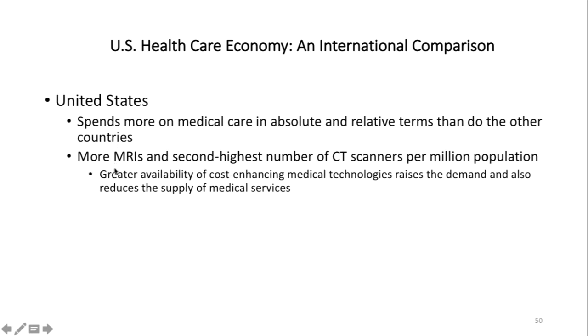We have more MRIs and the second highest number of CT scanners per million population. In the United States we have greater availability of cost-enhancing medical technology, which increases healthcare expenditure.